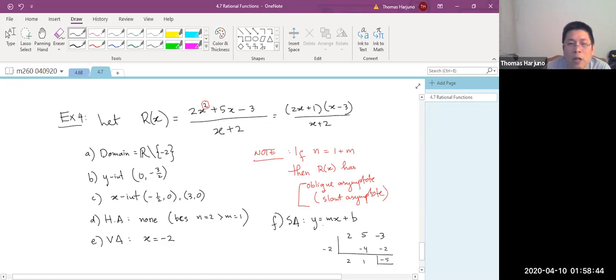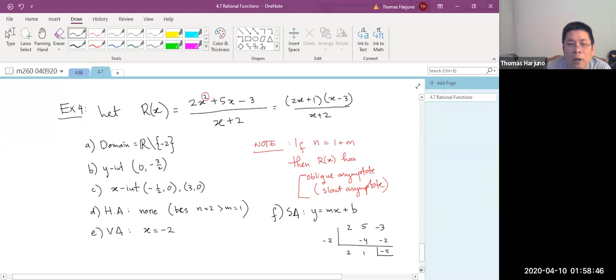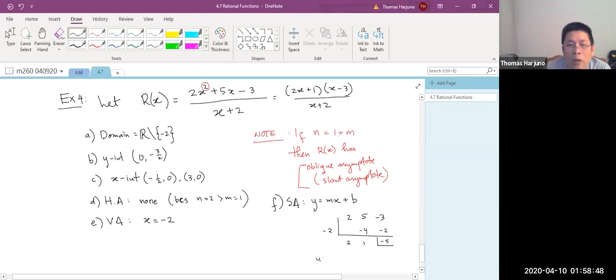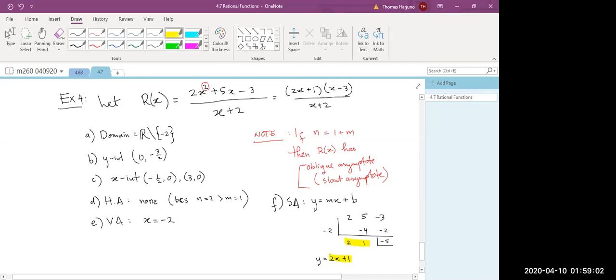So the slant asymptote is given by y equals 2x plus 1 here. That's the 2x plus 1. What about the -5? We don't care about it.